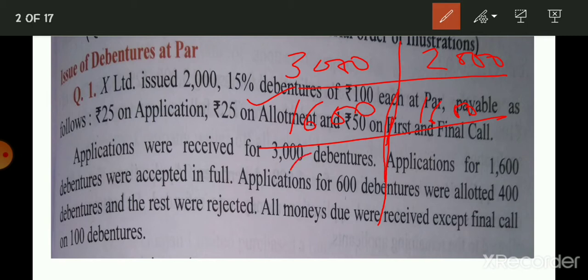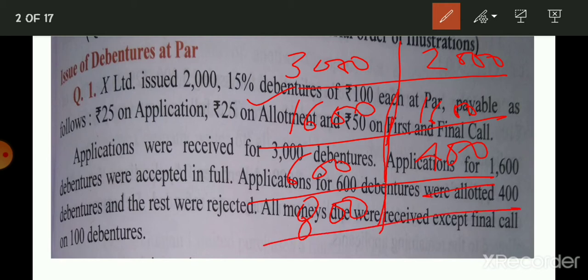And on 600 debentures we issued only 400 debentures, and how much is remaining? So this will be 2200 allotted, and the remaining 800 is rejected. So we have to refund on 800 debentures.